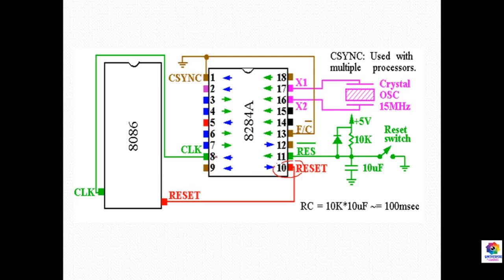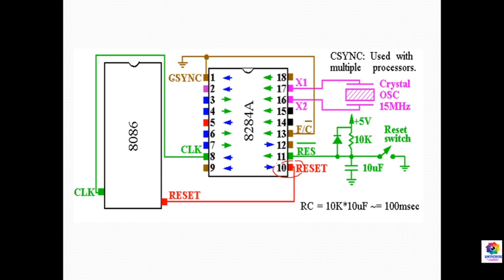And pin number 8 is connected to the clock of the microprocessor, and the clock is generated with the help of the crystal oscillator of 15 megahertz, which is connected to X1 and X2, pins 16 and 17 of the clock generator IC. The F/C bar pin, which is the frequency or clock select pin, is grounded to denote that we are using the crystal oscillator, not the external frequency source.